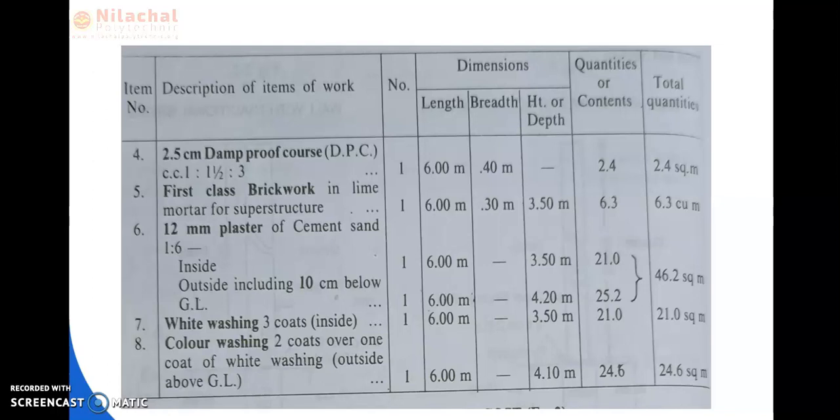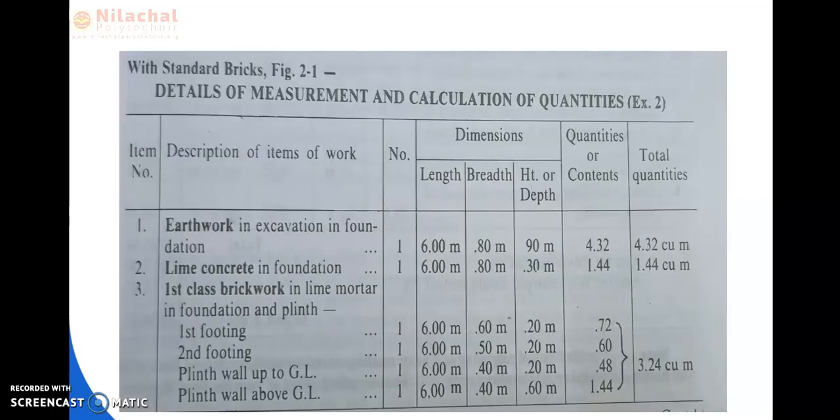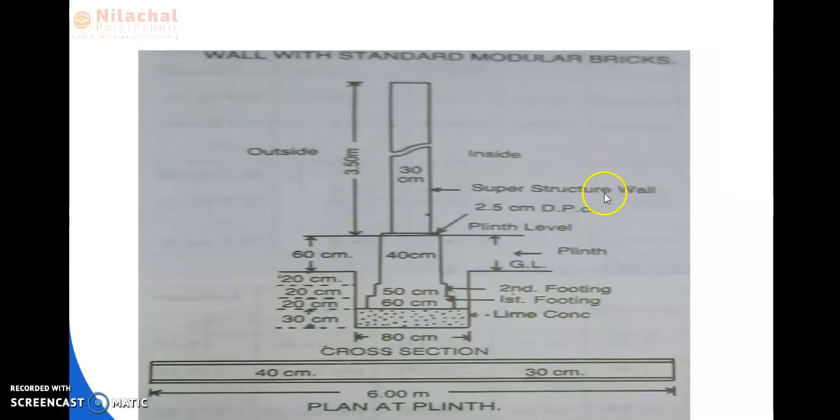Height is 4.10 meter. How do we get the height of 4.10 meter? For color washing we consider the height from the ground level. So first of all we define the ground level height. Here the ground level is showing. The ground to plinth level height is how much? 60 centimeter or 0.6 meter.